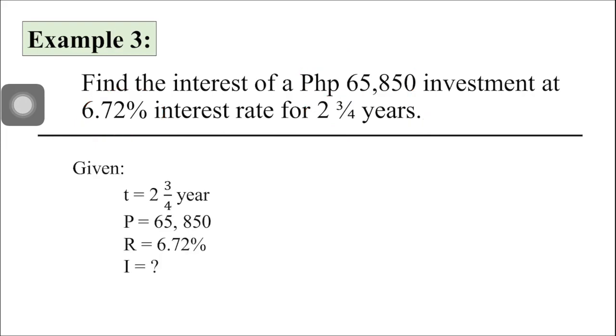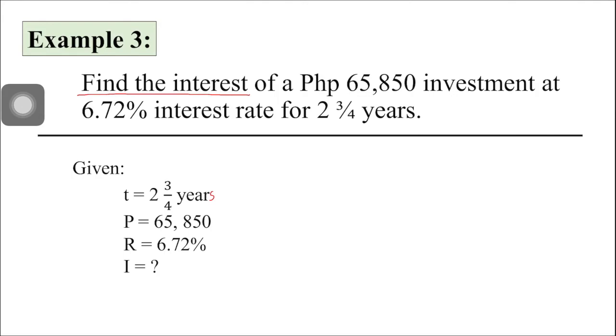The given: time is 2 3/4 years, principal is 65,850, the rate is 6.72%, and the missing part is the interest, or find the interest.